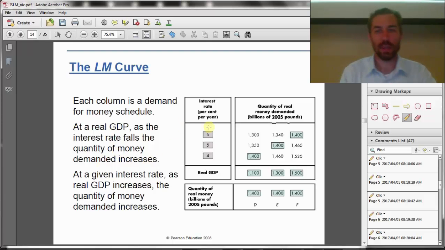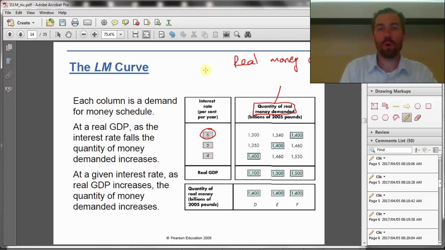Why is that the case? At some interest rate, the quantity of real money demanded is going to be purchasing some level of output, right? In other words, real money demanded for purchases.